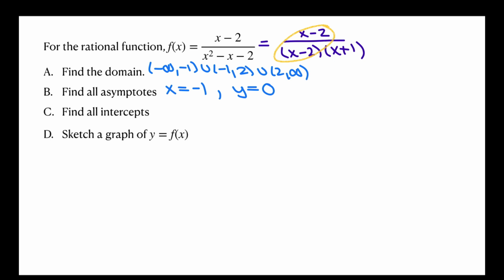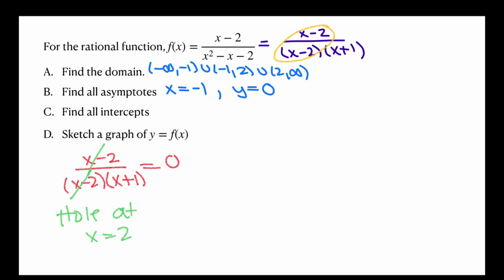All right, find all intercepts. To find my x-intercept, I plug in 0 for y. So I set my function equal to 0. Now, that x minus 2 corresponds to that removable discontinuity, or hole. That's a common factor.